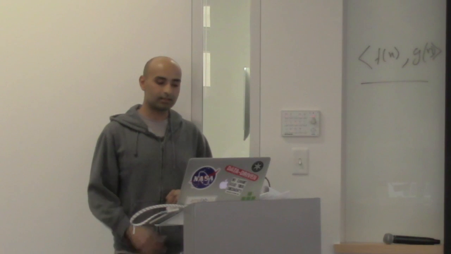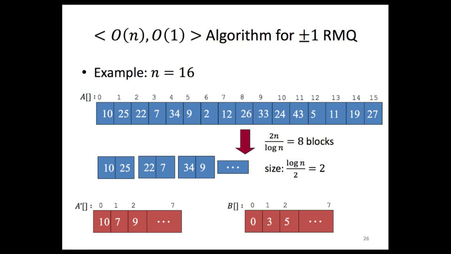Then I would be 0 to 3. Let's do full ranges. So I would consider the minimum value of the first two blocks, for which I have the answer ready. It's the minimum of A0 and A1, because those are the minimum of those locations, which turns out to be A of 1.